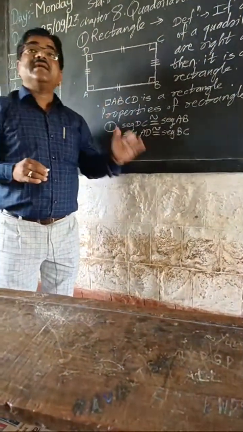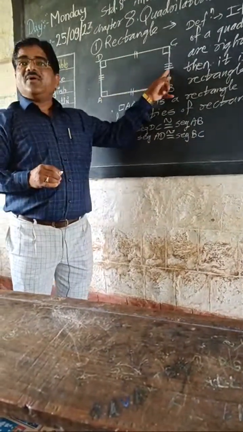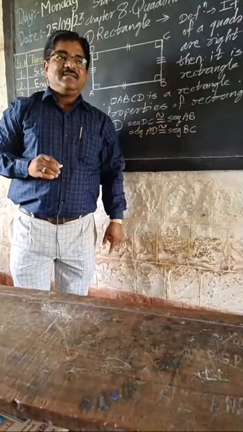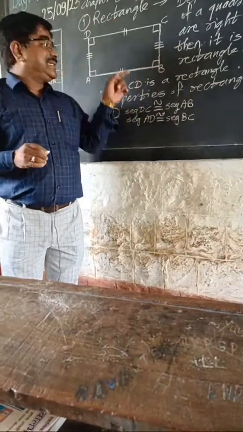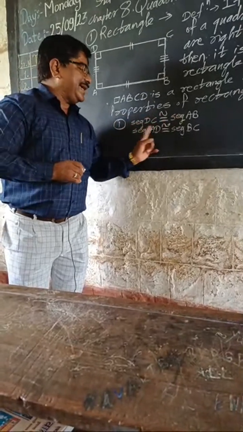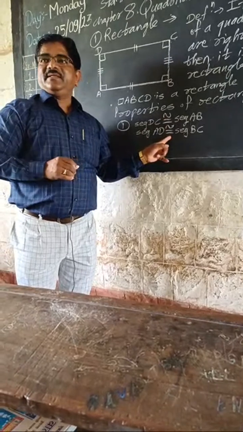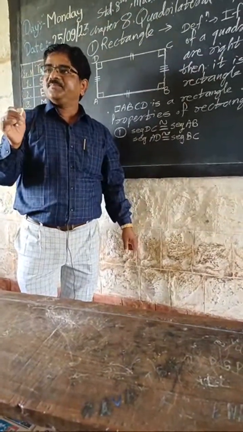What do we write as conclusion? These are which type of sides? Opposite sides, yes. And the conclusion we write: opposite sides of a rectangle are congruent. What is the property?